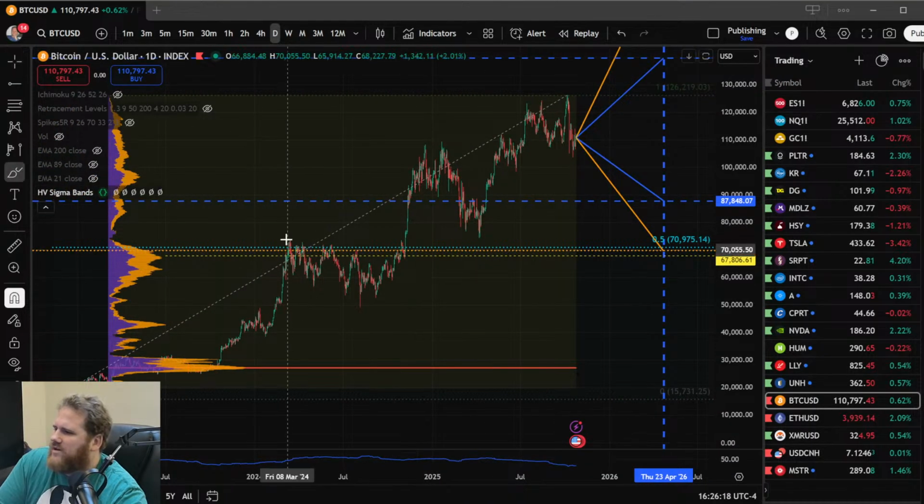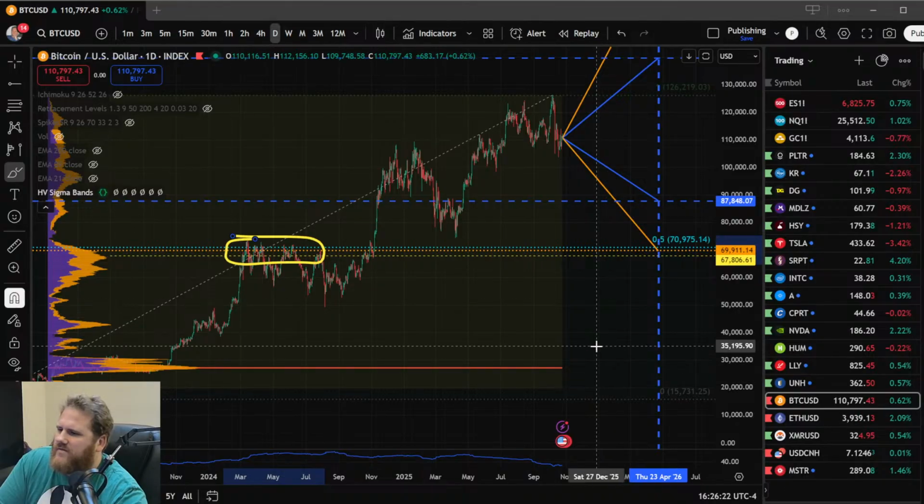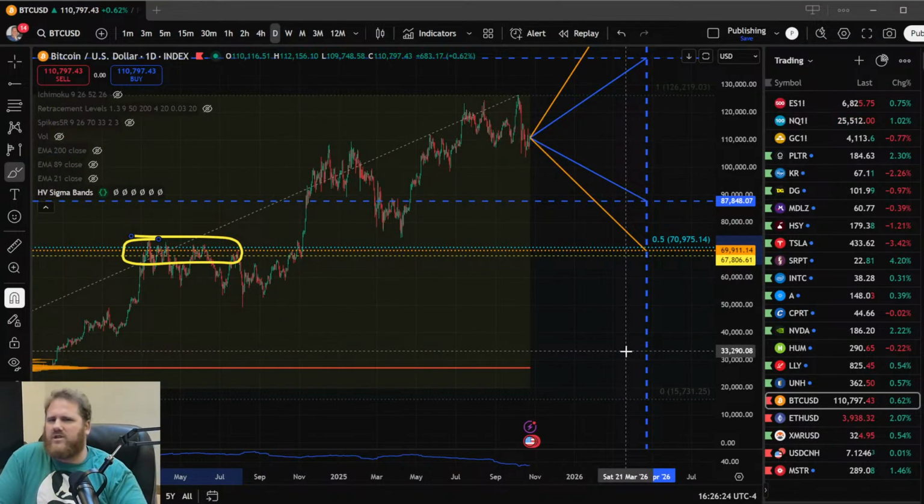It would be interesting to see if it comes back to hold the top of that range. It's the 50%, it's the volume profile, and it's also the 2 standard deviation move from this point. I think that would be some interesting fun, but things could pick up again. I try to be a will-see Chad in all things.